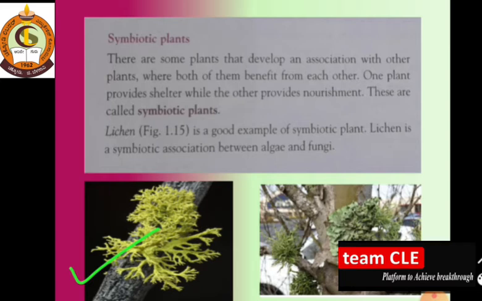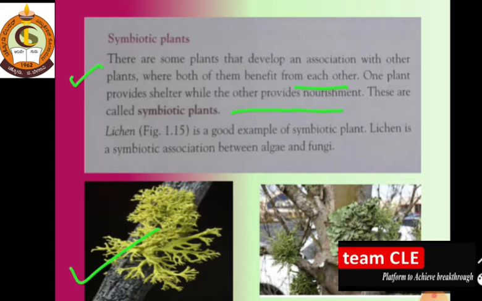Another plant develops an association with other plants where both of them benefit from each other. One of the plants provides shelter while the other plant provides nourishment. These are called the symbiotic plants.